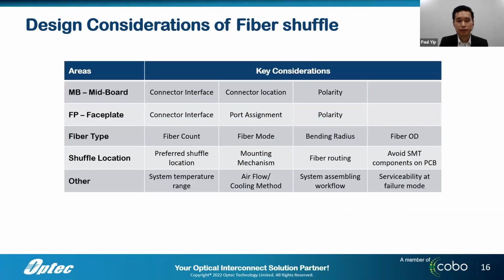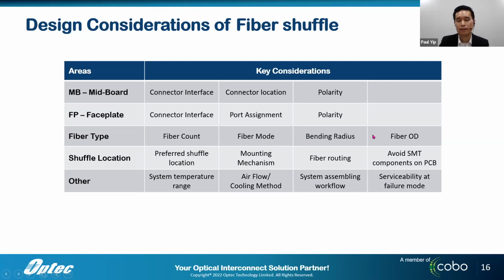So the consideration of the fiber shuffle, I can break out to 5 different concerns. So the midboard interface, the front panel interface, the fiber type to be chosen, the fiber counts inside, what kind of bending radius is needed, and how much space do we have, so that it might influence the fiber type that we are choosing.